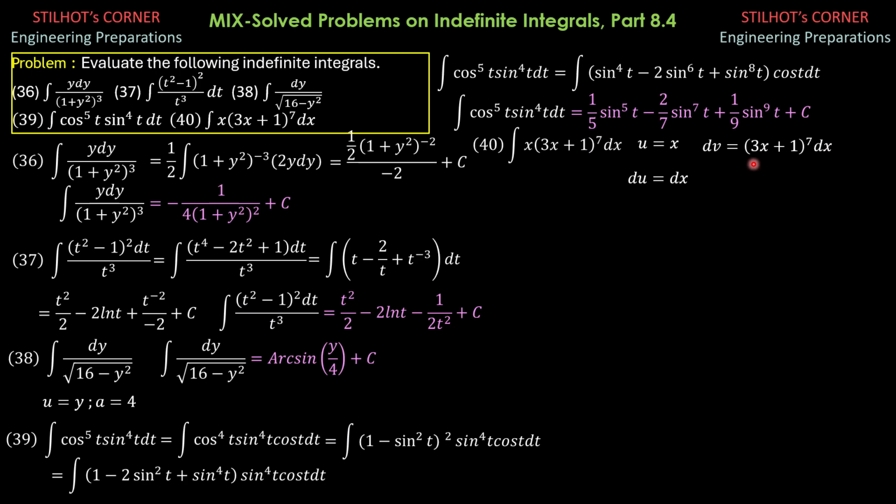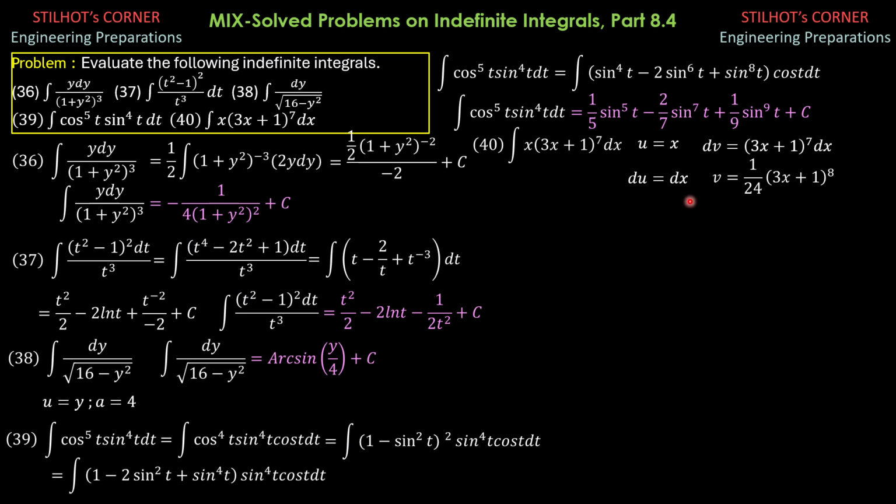To apply the power formula, we imagine it as 1/3 quantity 3x plus 1 to the 7 times 3 dx, so that the integral is 1/3, then 3x plus 1 to the 8 over 8, so that would be v equals 1 over 24 of 3x plus 1 to the 8.